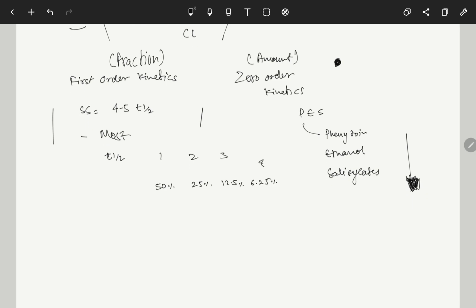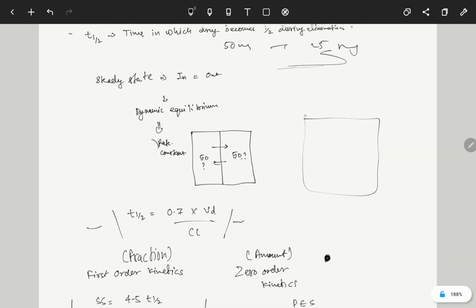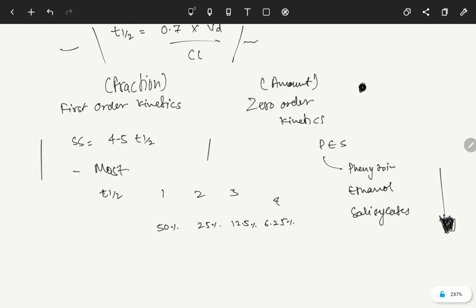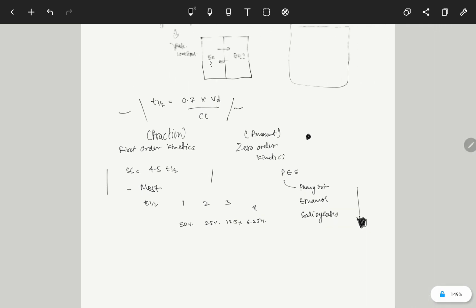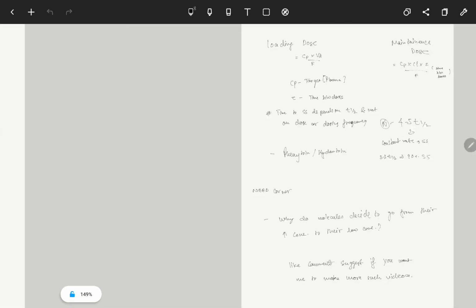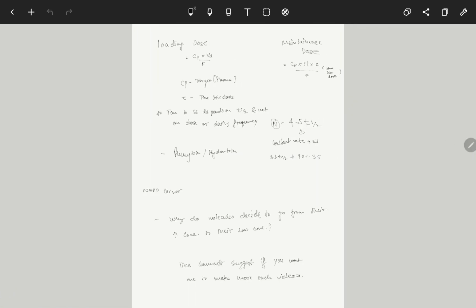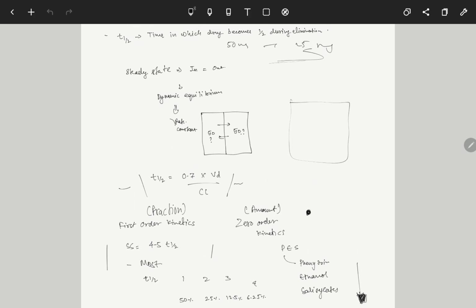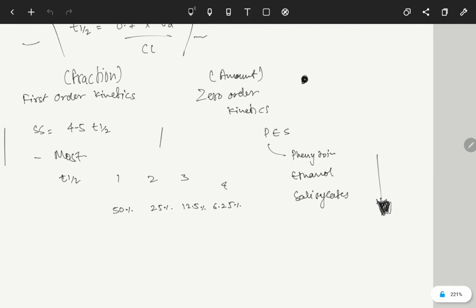And to reach a steady state, it takes 4 to 5 half-lives. Mind you, don't think that the steady state will depend on the frequency or dose. It depends upon half-life. This is very important to understand.